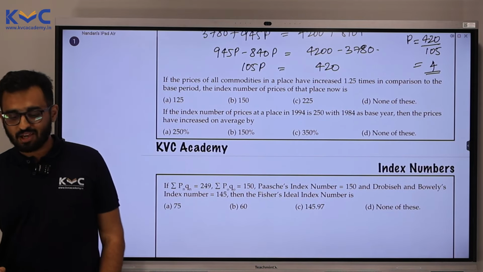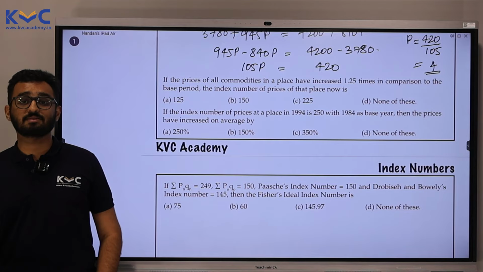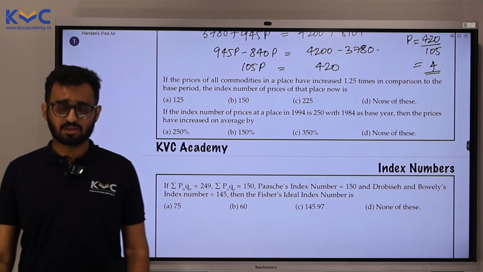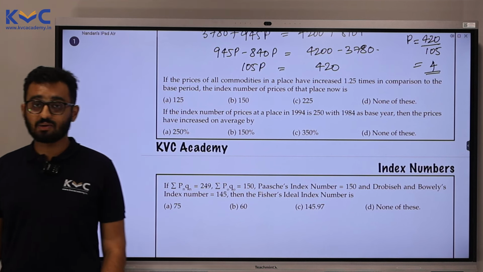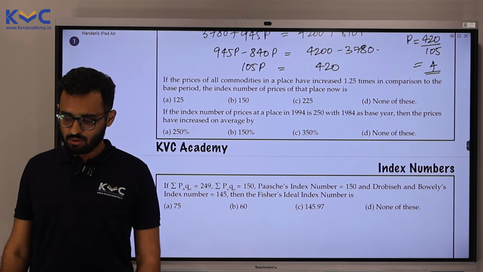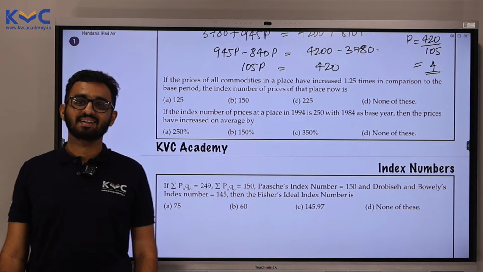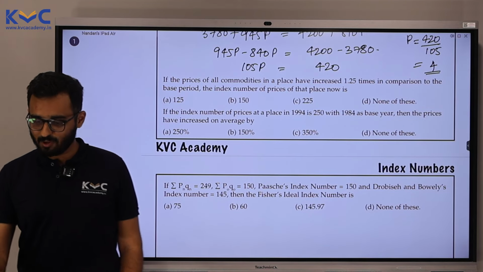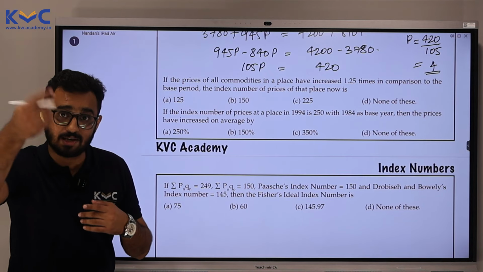Okay, the next one. If the prices of all commodities in a place have increased by 1.25 times in comparison to the base period, the index number of prices of that place is now 125, 150, 225, none. 125? If you tell 125, I'll probably call you a dumbo. Come on guys, 1.25 times in comparison to the base price means 1.25 times increase.